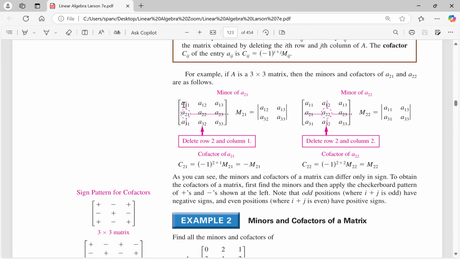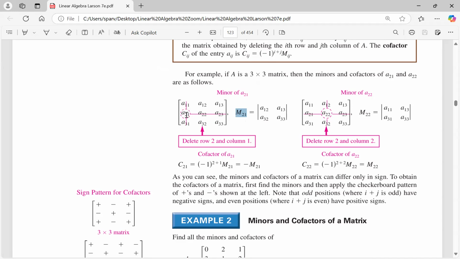When you delete the column, the first column is gone. You delete the second row, the second row is gone. So what's left over? We're left with A12, A13, A32, and A33. That would be the determinant of this 2 by 2 matrix, and that's what M21 means. That means the minor of the element in the second row, first column.